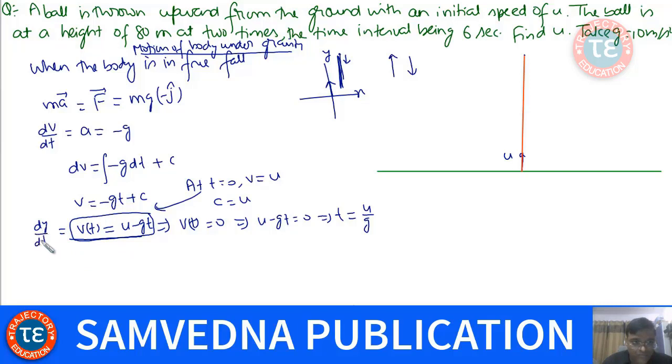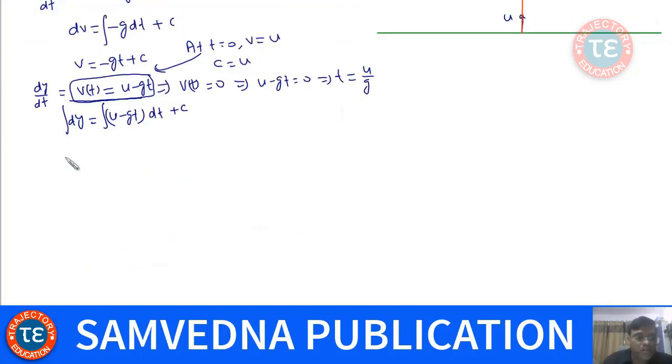See, v(t) is dy by dt. So dy will be (u minus gt) dt, and then we can integrate it plus some constant. So y is ut minus half gt square plus some constant.